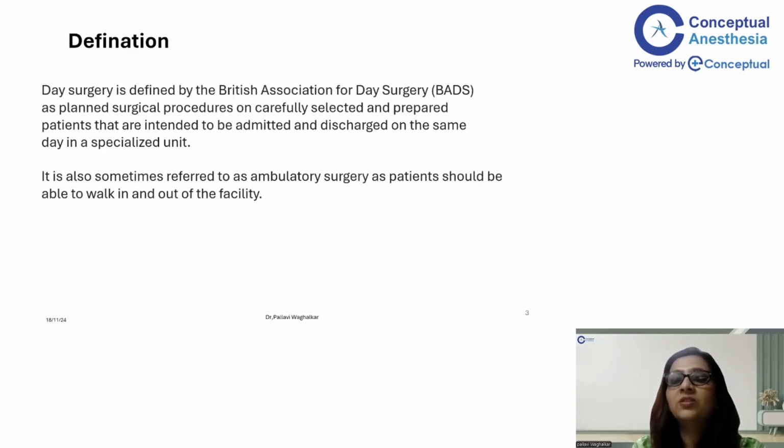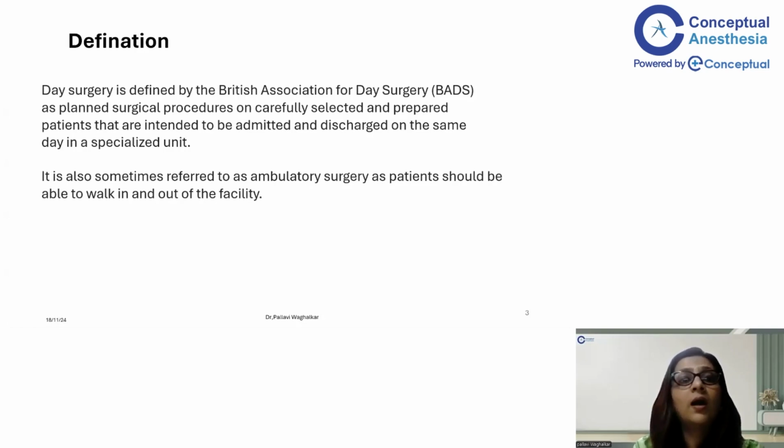So, the definition of daycare anesthesia by the British Association of Day Surgery, that is BADS, is a planned surgical procedure on carefully selected and prepared patients that are intended to be admitted and discharged on the same day in a specialized unit.